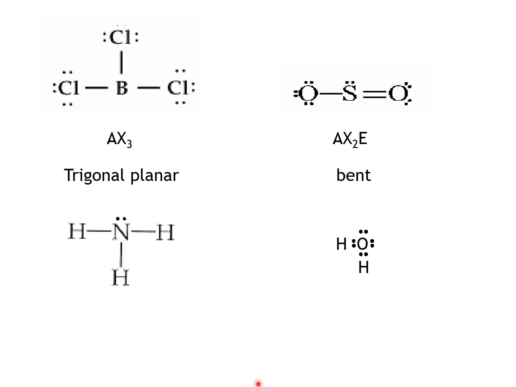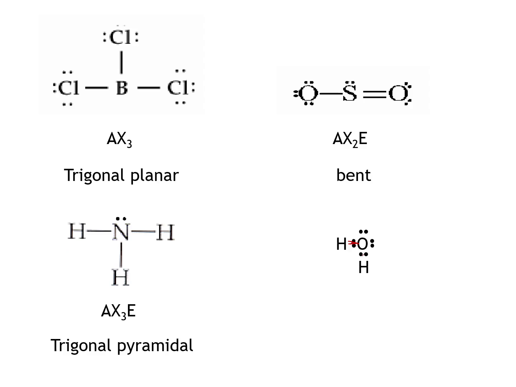Then we do this one. I'm going to pause for just a second, let you think about what it is. All right, that's an AX3E, and that is a trigonal pyramid. And then this last one, I was trying to be tricky, trying to get people to say that it was an X4 or E4.